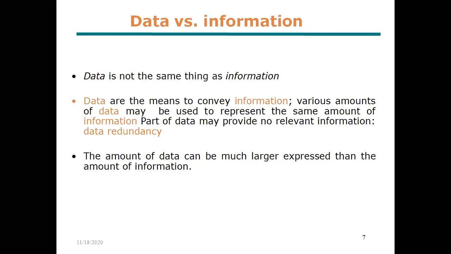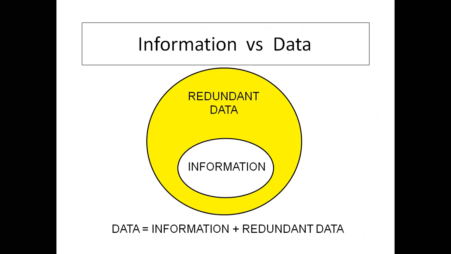Okay, so here I want to explain what is the data, what is the redundant data, and what is the information. Here, if you see this diagram, the yellow part corresponds to the redundant data. Actually, to convey the information, the redundant data is not required, only the data corresponding to the information is required.